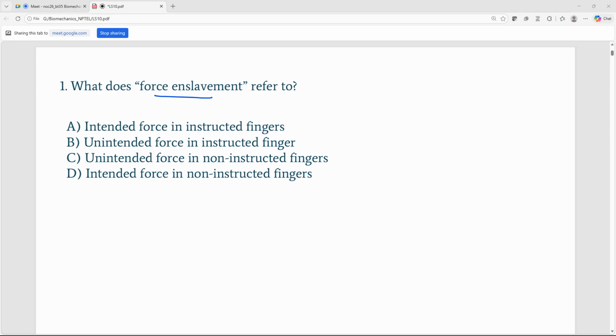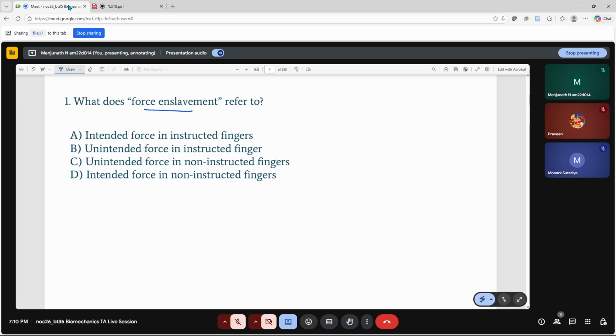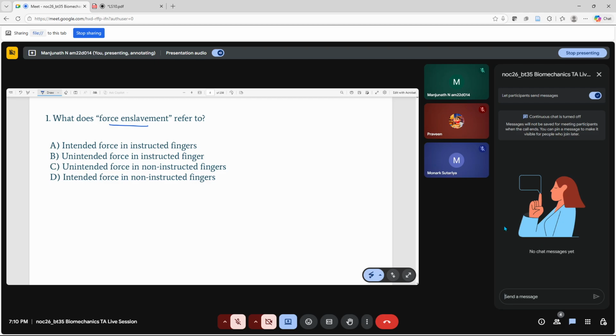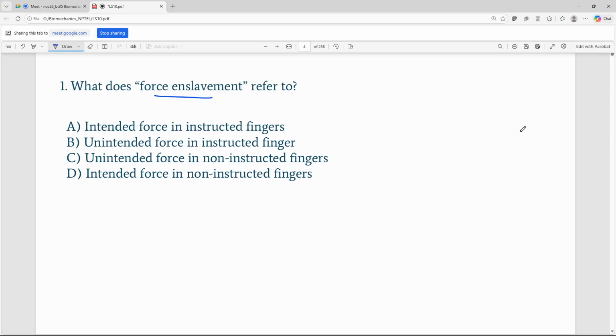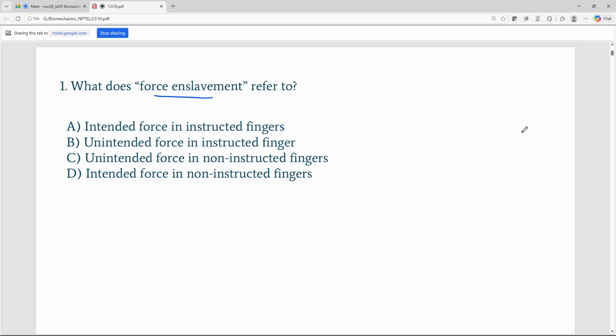So which among these best suits the term force enslavement? You can inbox your answers. Please do respond. The concept of enslavement we have mentioned in last week's session also, if you remember.